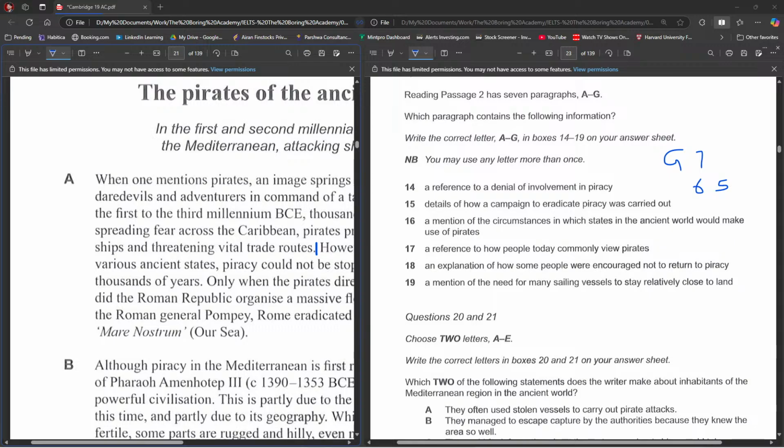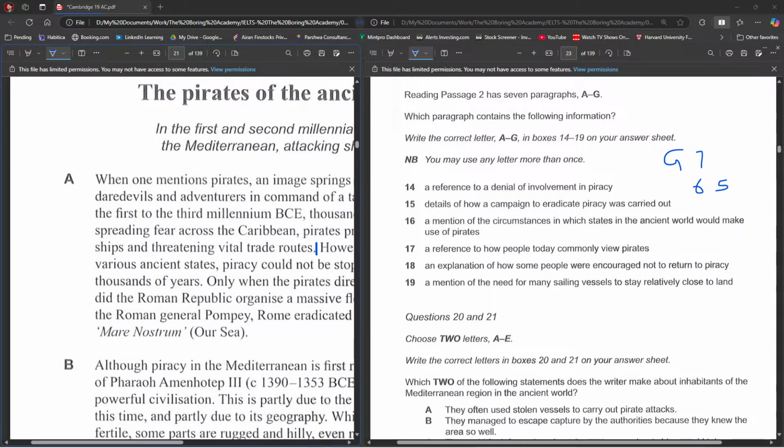Now what I want you to do is eliminate the first answer. Is this passage referring to question number 14? In passage A, was there a reference to a denial of involvement in piracy?